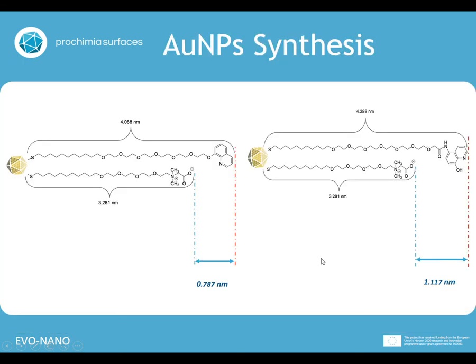When you take a look at the theoretical calculations, you can see that as the background ligand we selected a compound with the positive and negative charge, so the presence of the betaine structure will improve overall the solubility of these gold nanoparticles under aqueous conditions, and also the appropriate length of the ligand with the quinolinol provided the availability of the API for the interaction, so it can be exposed into the solution.